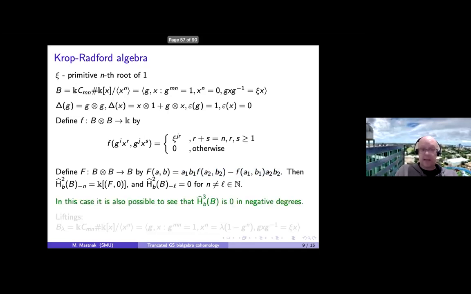And in this case, this is one of the cases where we can actually compute H3, or compute is a hard word, prove that it is trivial. And then automatically the lifting problem must be cohomologically homogeneous, and these are all the liftings.